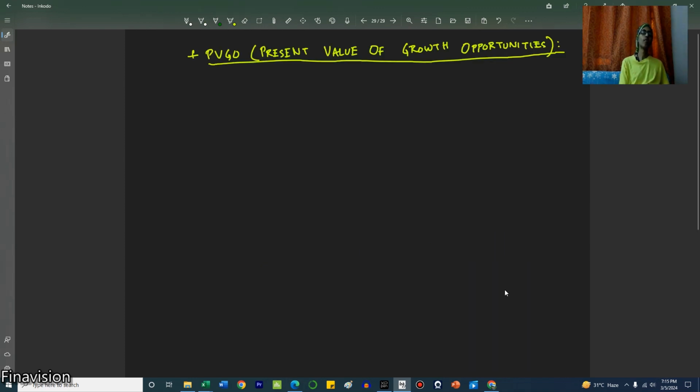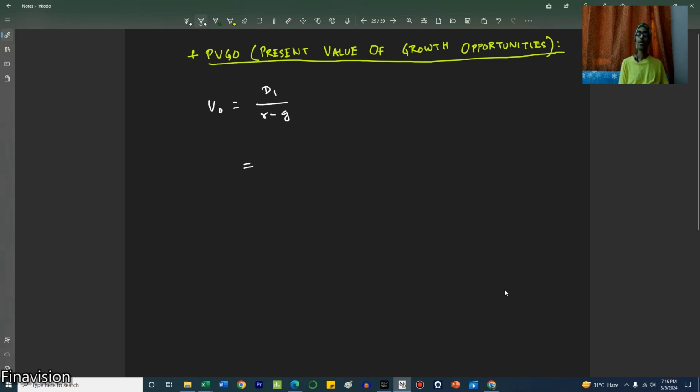Present value of growth opportunities. So if we have to include this in our expression of, let's say, single stage Gordon growth model, let's start with the Gordon growth model first. V0 is equal to D1 by R minus G. This is the expression, right?